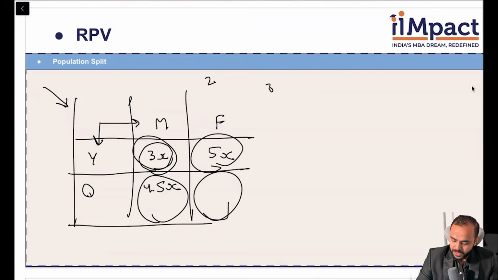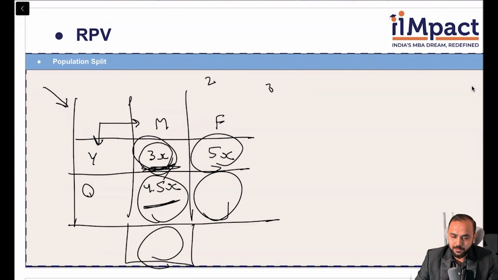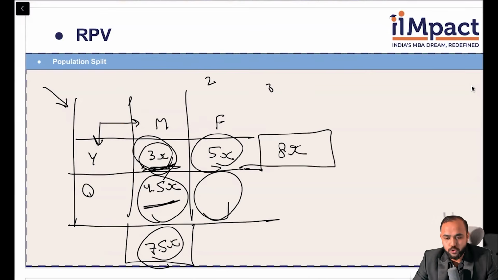Furthermore, you could also be given total value of the males, which would come here as 3x plus 4.5x, which is 7.5x. You could also be given the total value of youngsters, which would be 8x. So using that, you can get your x, and then if they are asking you for any particular value, you can find that. So making a table helps you sort through your data in a population split category much easily.